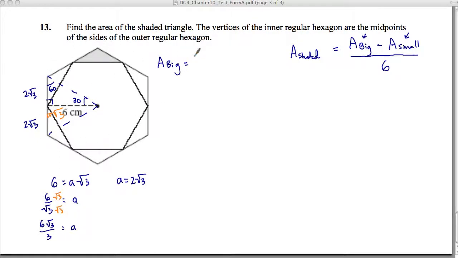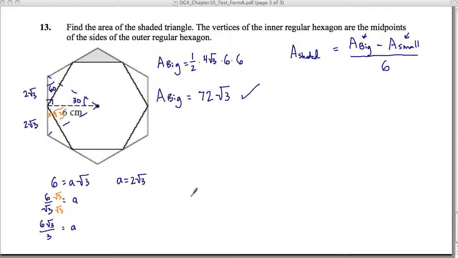Well, it's 1/2 times the base, which is 4 square root 3, times the height of that triangle, which is 6, times the number of triangles, 6. So we find that the area of that big hexagon is 72 square root 3. So we got that part.